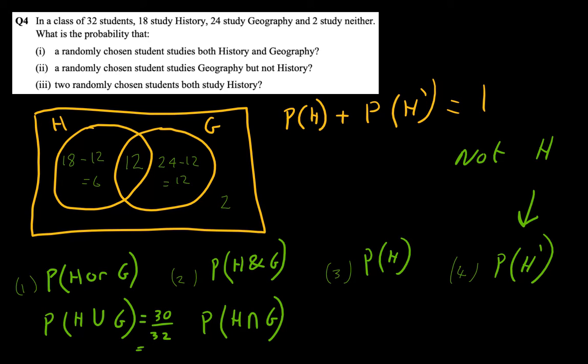And you can simplify that to 15 over 16. Okay, the intersection, we've got 12 over 32. And that simplifies to 3 over 8.